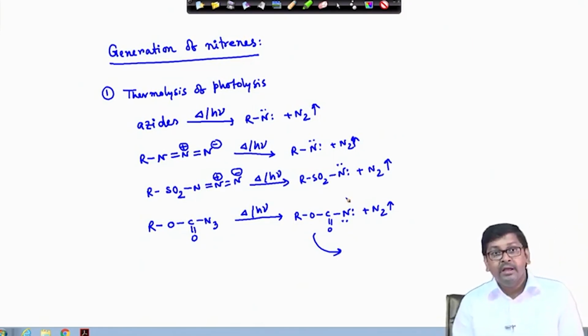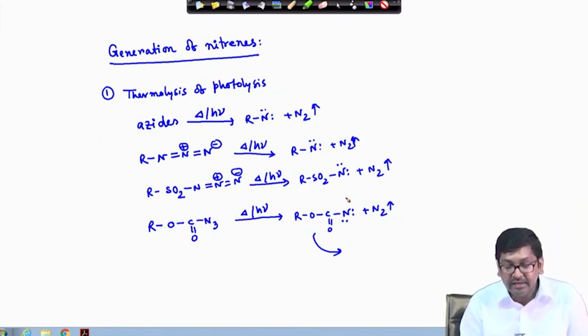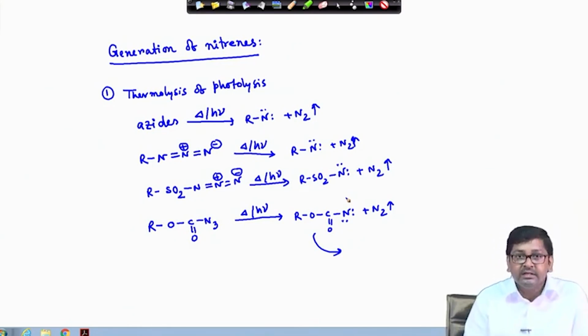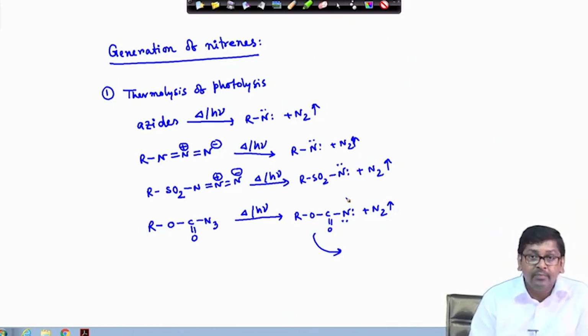However, apart from these thermal or photochemical decompositions, azides can be converted into nitrenes through nitrogen liberation in the presence of transition metal salts. So, that is also possible apart from these cases.